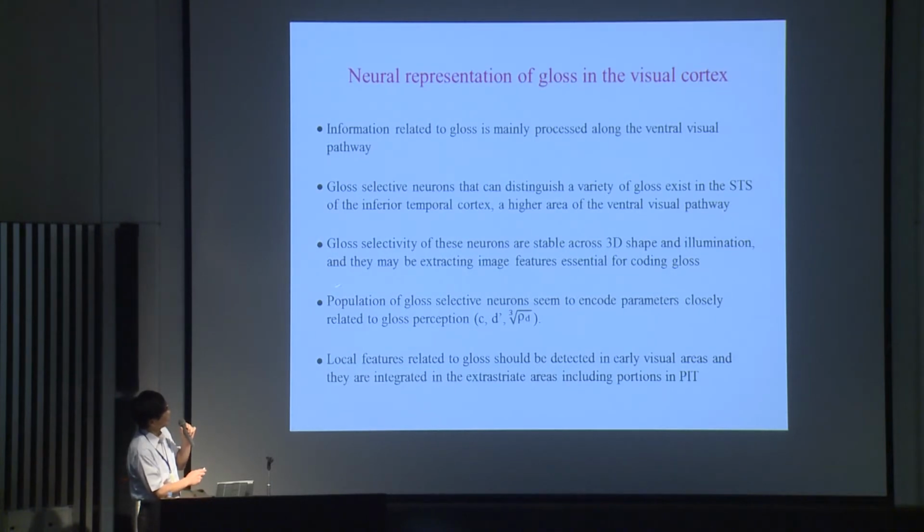So I didn't talk about this result today. And the population of gloss-selective neurons seems to encode parameters closely related to the gloss parameters, C, D, and the cubic root of rho D. And we speculate local features related to gloss should be detected in early visual areas, and they are integrated in extrastriate areas, including portions in PIT.